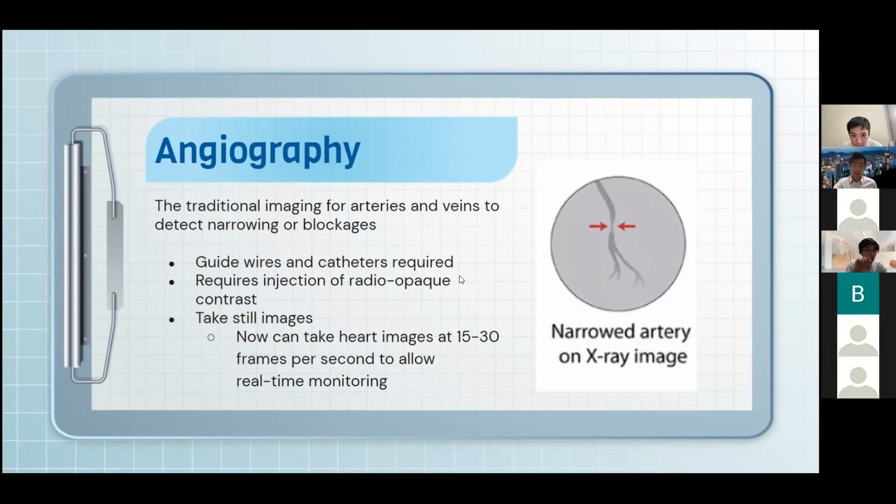So there will be some sort of delay, but given the current technology, it allows us to take images at 15 to 30 frames per second in order to allow us to have real-time monitoring, so that we can use it as guidance for inserting the catheter and finding where the lesion of the artery is.